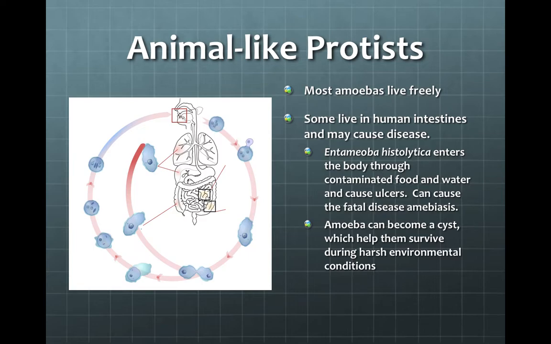It can cause the fatal disease amebiasis. So that one is a protist. Amoeba can become a cyst, which helps them to survive during harsh environmental conditions. So it basically has a thing around it so it can't get attacked. Basically, it's pretty cool.